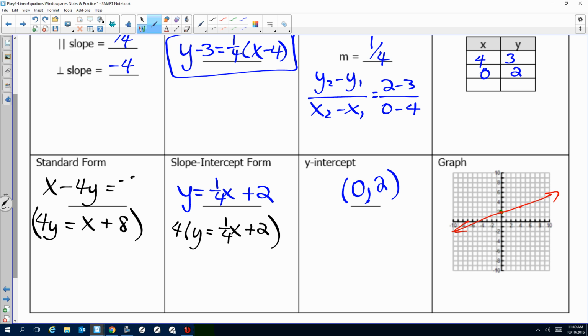And then when I move my x over, it's negative, but I want it to be a positive. So x minus 4y equals negative 8. Basically, when I move this over, it's negative x plus 4y equals 8, but we don't want it to be negative. You have to divide or multiply by negative 1.